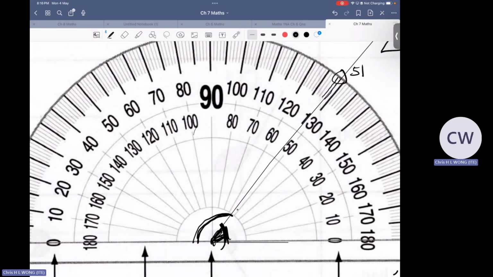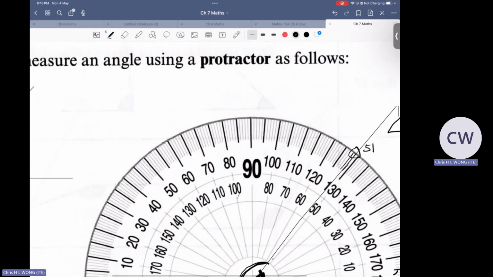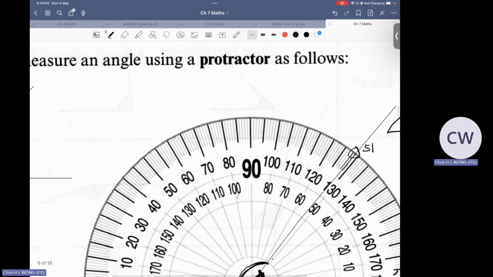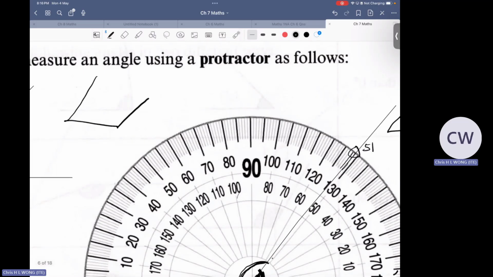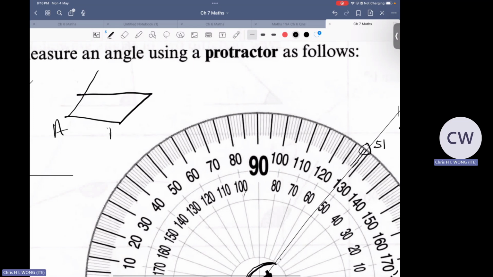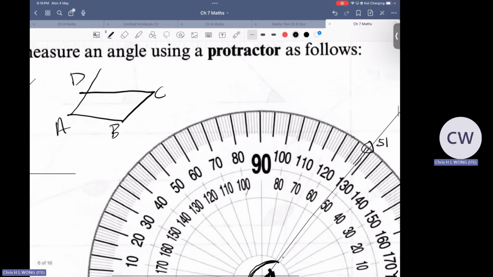But in the exam, let's say I draw something for you, just an example, like that. This is A, B, C, D, and they say calculate. For example, this is 60 degrees, this is 120 degrees.